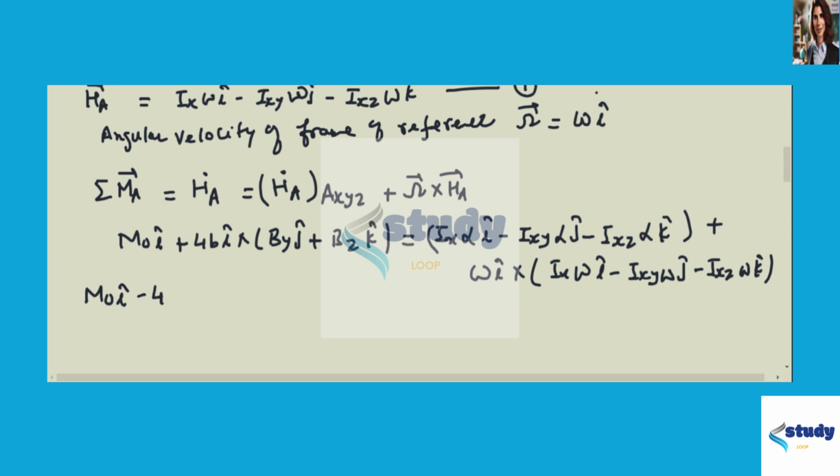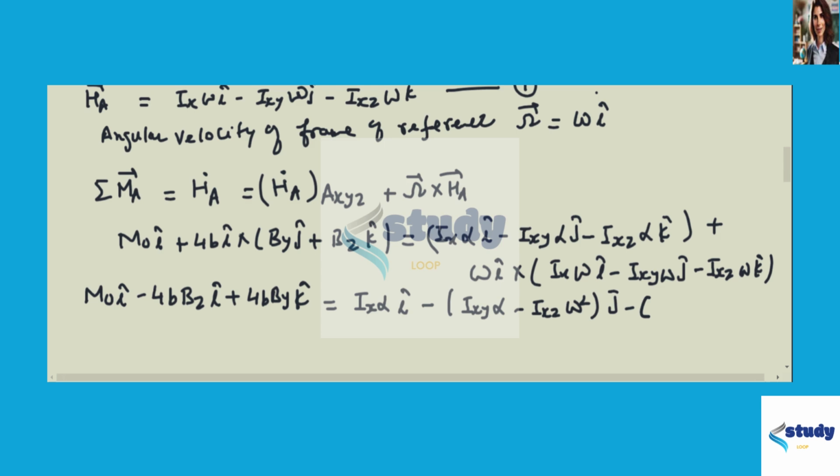You will get minus 4b Bz I cap plus 4b By K cap to be equal to Ix alpha I cap minus Ixy alpha minus Ixz omega square J cap minus Ixz alpha plus Ixy omega square K cap.